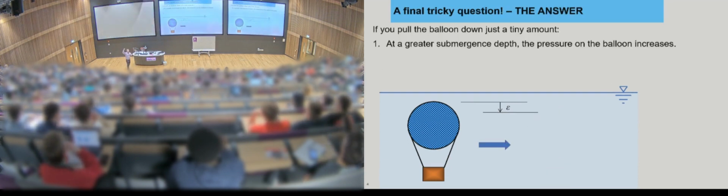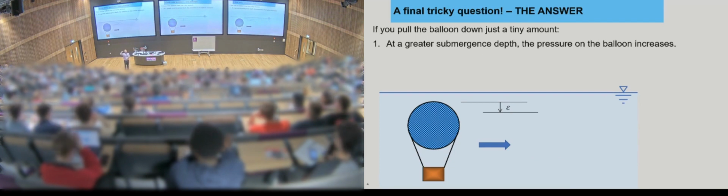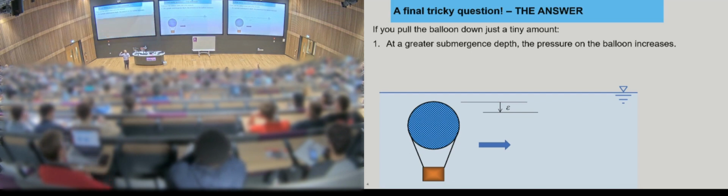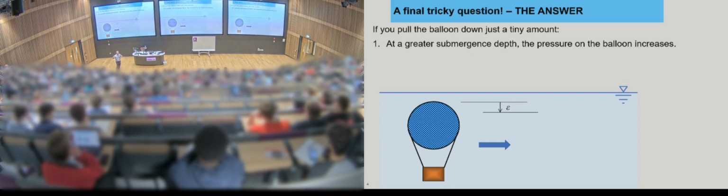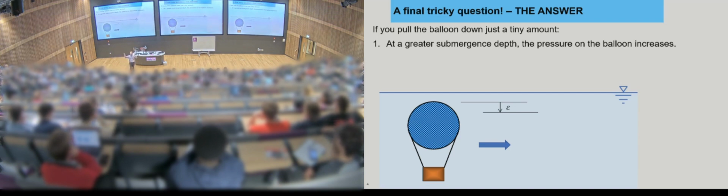When you pull the balloon down a bit, what happens to the pressure? The pressure increases. So what happens to the gas inside the balloon when it's subject to a greater pressure? A smaller balloon, thank you.